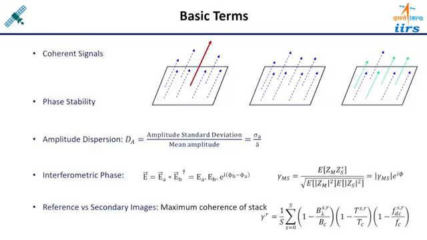Then the second parameter is phase stability. Phase stability is also very important. If the phase is not stable, or is fluctuating very rapidly, it shows that the signals over that particular area are not stable, or are getting affected by so much noise, or you can say the signals are becoming decorrelated.